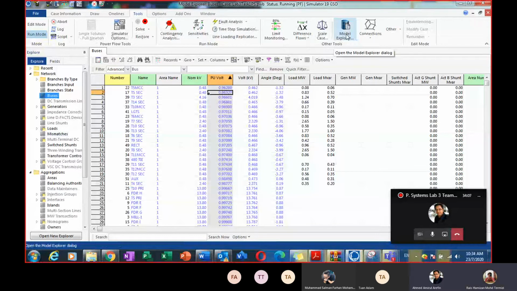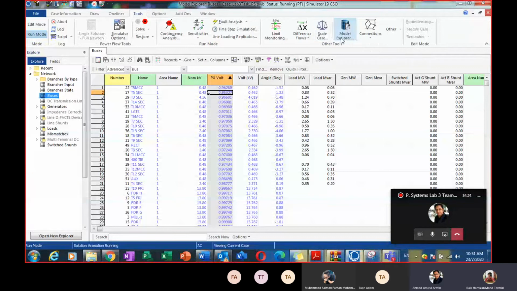How can you show the loading? You have to click the model explorer, right side. Yes. Now which tab do you need to use to see the loadings? Wait.